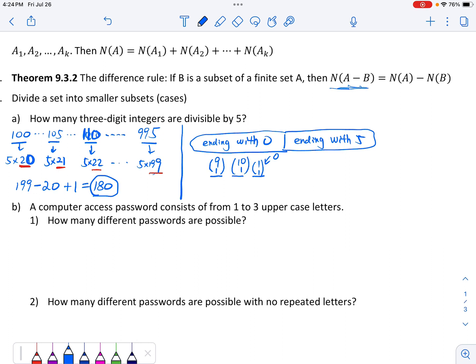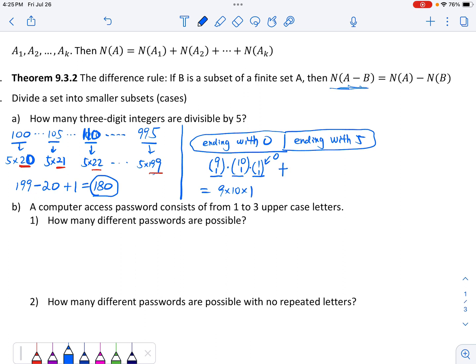You do this in 3 different steps, so you use the multiplication rule. Step 1, fill in the hundreds digit. Step 2, fill in the tens digit. Step 3, fill in the last digit, which is 0, so only one way. Therefore, you multiply these together: 9 times 10 times 1.